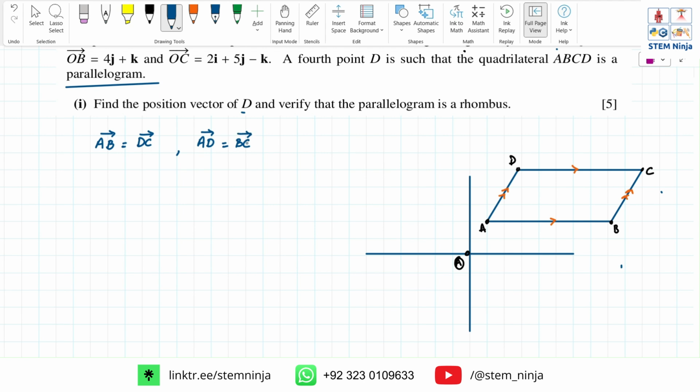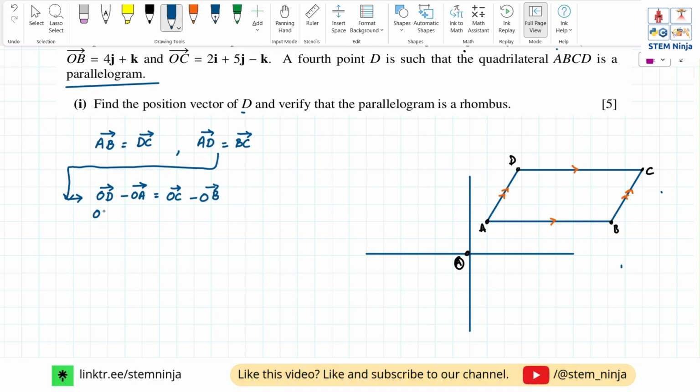So either way, we can actually find this. So let's say, for example, we expand this in terms of position vectors. AD can be written as OD minus OA, and BC can be written as OC minus OB.